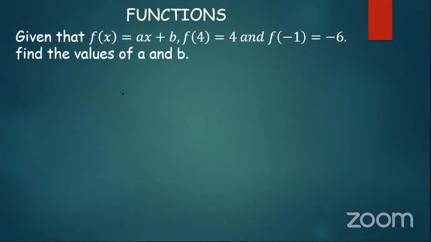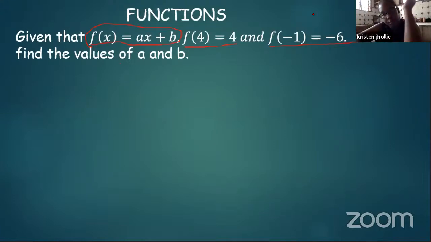So let us possibly do the last one. We have f of x is equal to ax plus b. So they have now given us some unknowns: f of 4 is 4, and f of negative 1 is negative 6. Excuse me, teacher, could you please talk a little slow?